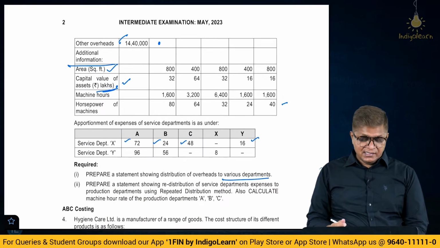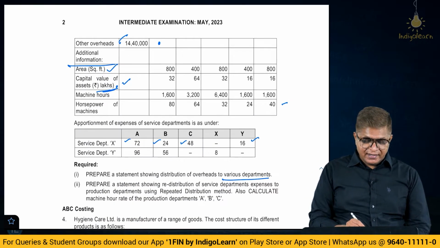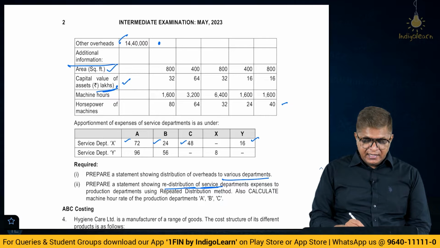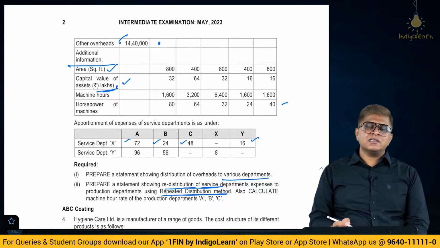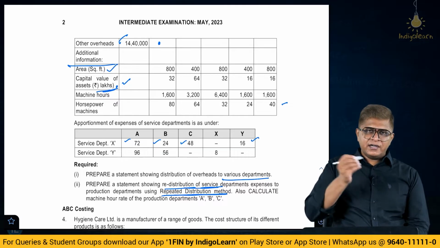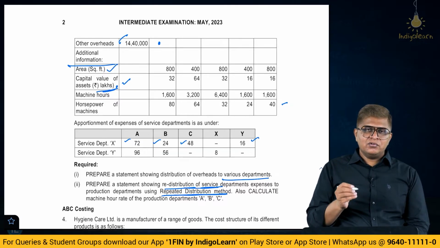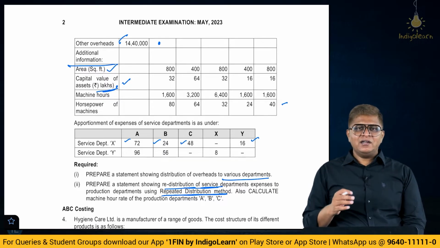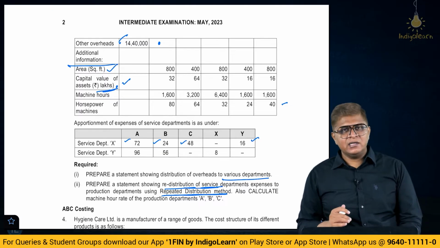Second requirement is prepare a statement showing redistribution of service department expenses to production department using repeated distribution method. So what is this method? We will go on redistributing from one department to the other till such a point where the amount becomes insignificant and it can be directly attributed to the other department.